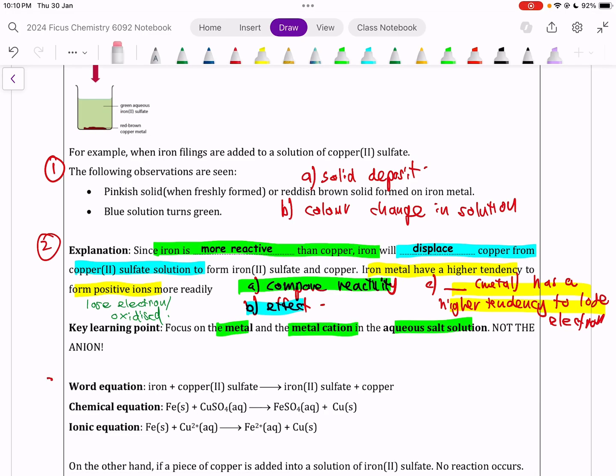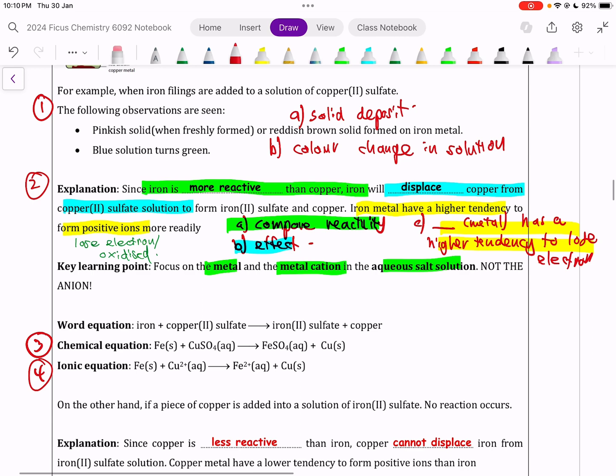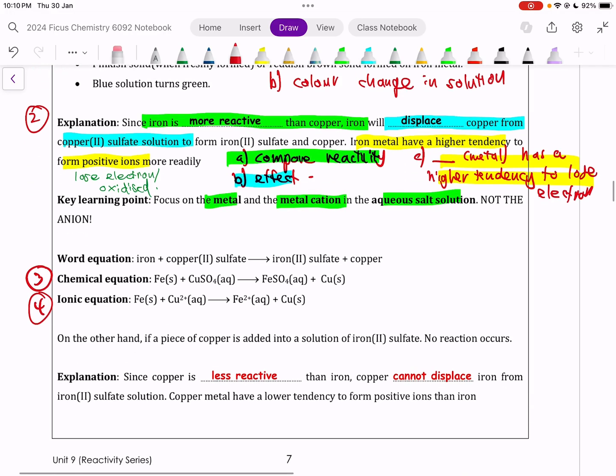Then the third thing they can ask you is of course chemical equation or ionic equation. These are the very standard things. But of course if you take copper plus iron 2 sulfate, then no reaction will happen, largely because copper is less reactive.